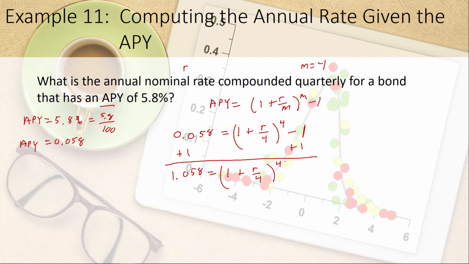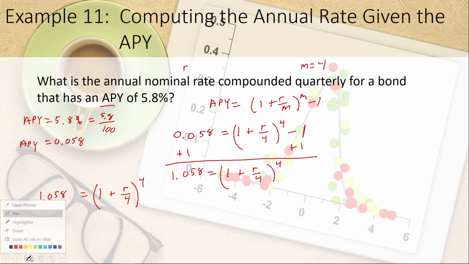Now, what can we do here? Well, let me rewrite this over here: 1.058 is equal to 1 plus R over 4, all of this raised to the fourth power.